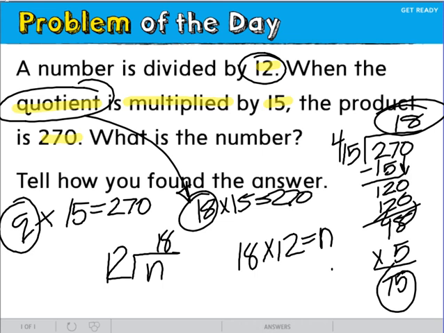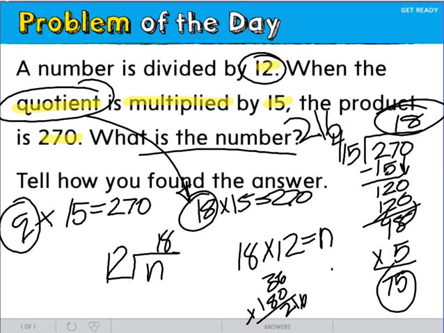I'm sorry, what was that, Williamson? 216. Right, because 2 times 18 is 36, and then 10 times 18 is 180. We add those together and we get 216. Okay? So my answer for what is the number? 216.